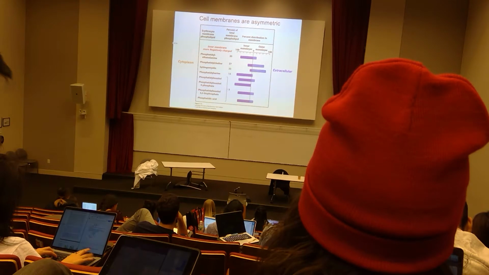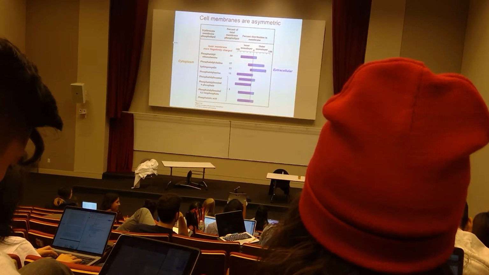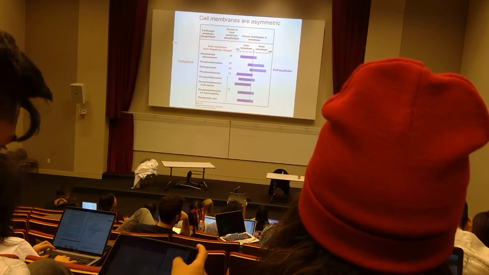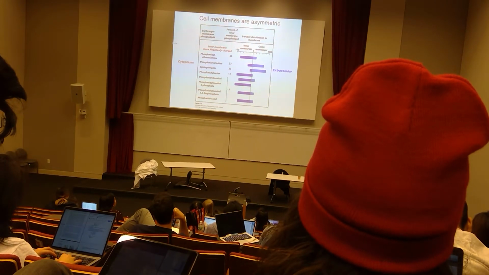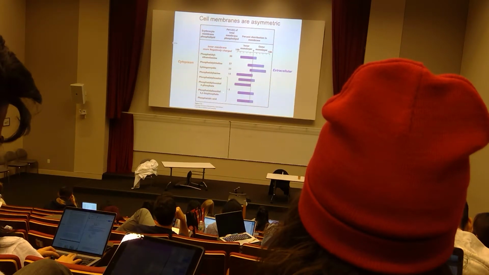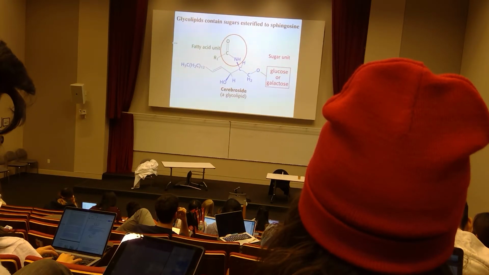In particular, the extracellular leaflet is rich in phosphatidylcholine and sphingomyelin, whereas the intracellular side has a more predominant composition of negatively charged phospholipids, such as phosphatidylinositol 4,5-bisphosphate. So, asymmetry.